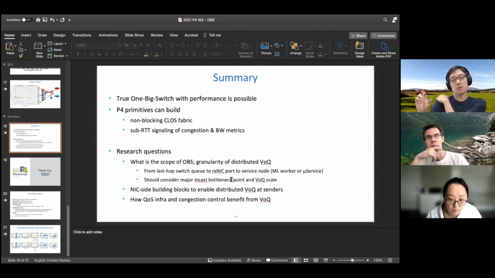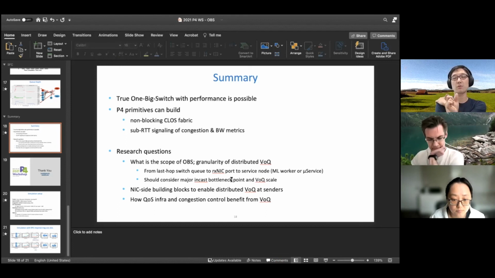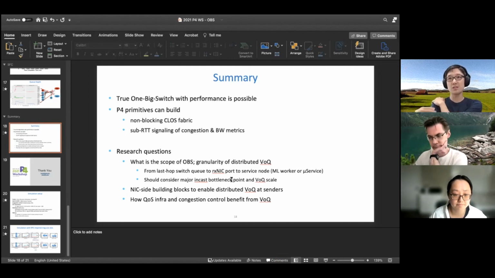VOQ may just model the last-hop switch or receiver NIC side congestion, but the way the sender consumes that information and the granularity of the reaction might be finer grained. It could be per flow, per congestion, or I don't know. We are still starting to explore those possibilities.